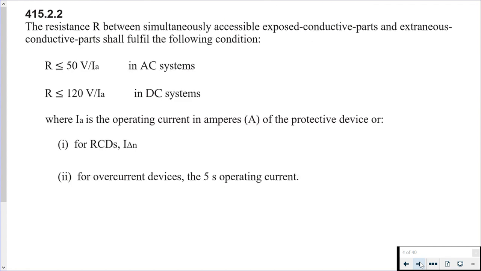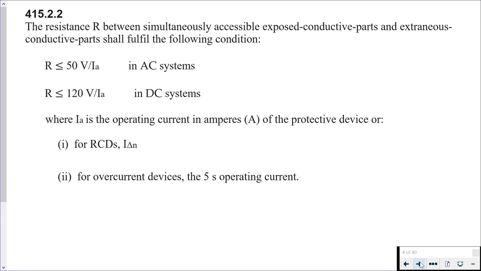The next regulation, 415.2.2, was originally worded as you can see back in the 16th edition when it first came out, but in Amendment 2 it changed to: where doubt exists in the effectiveness of the supplementary protective equipotential bonding, the resistance R between simultaneously accessible exposed conductive parts and extraneous conductive parts shall fulfil the following. So in 2018 they removed "where doubt exists".